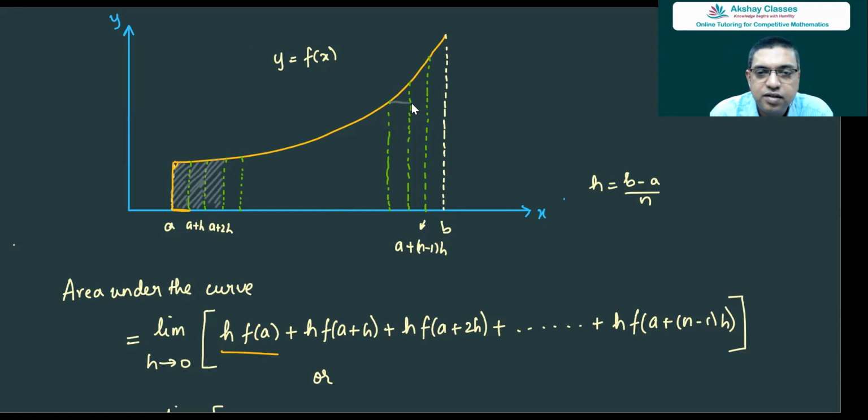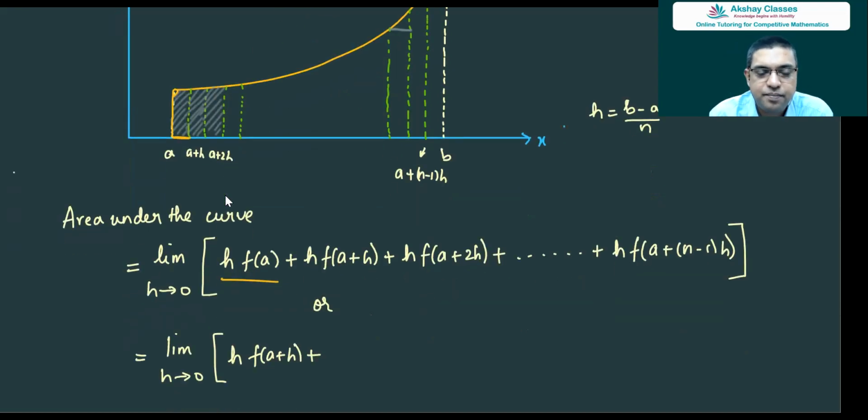I'm taking the lower one, h times f of a. So we are choosing the left side of the subinterval as the height of the rectangle.